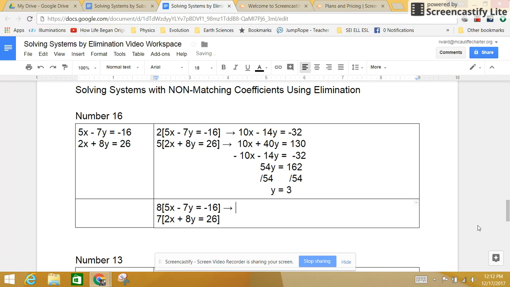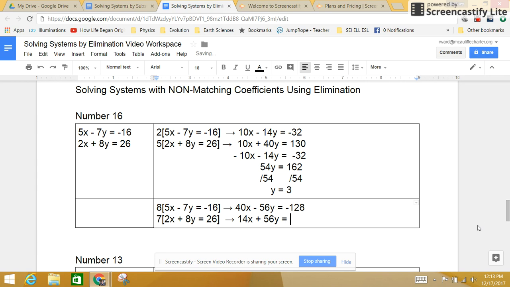So 8 times 5x is going to be 40x. 8 times negative 7y is negative 56y. 8 times negative 16 is going to be twice negative 64, so negative 128. And then I've got 7 times 2x is 14x. 7 times 8y is 56y.